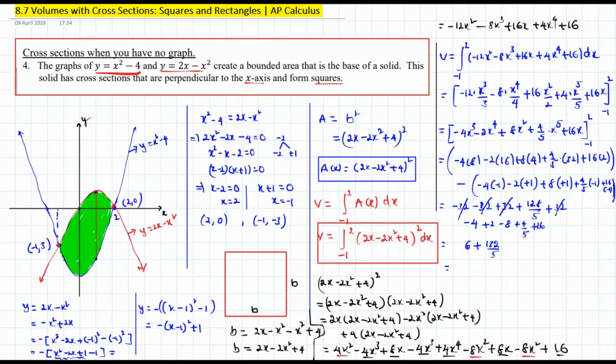So 5 is the LCD, so we can write this as 30 over 5 plus 132 over 5, which is 162 over 5. Okay, so the volume of this solid whose cross sections are squares is 162 over 5.